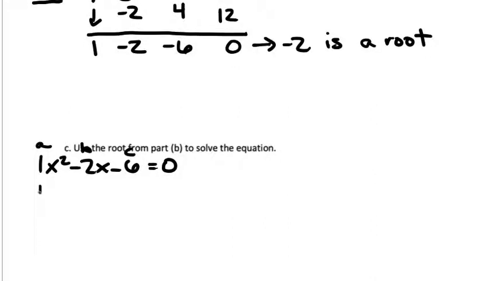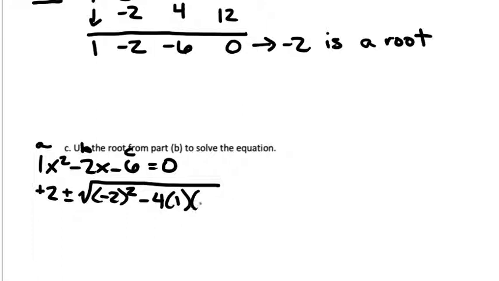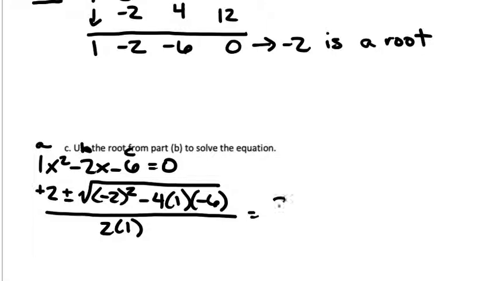So we have -b, which is going to be +2, since b is -2, plus or minus the square root of b squared minus 4 times a times c, all divided by 2a. -2 squared is 4, and 4 times 1 times -6, that's going to be +24.